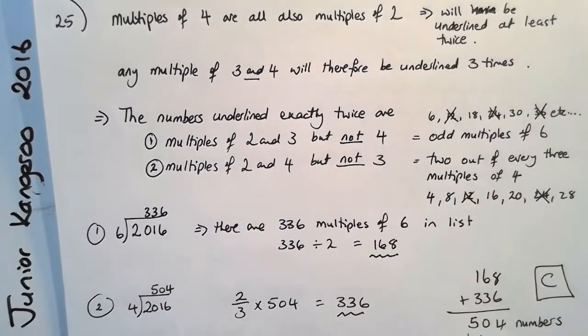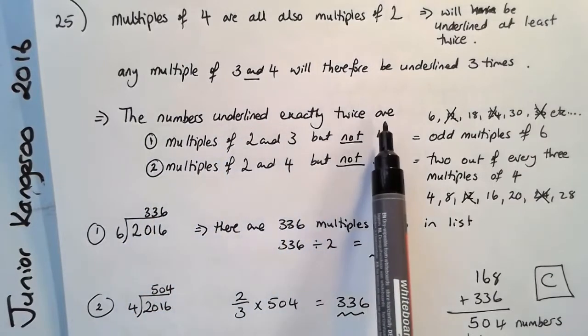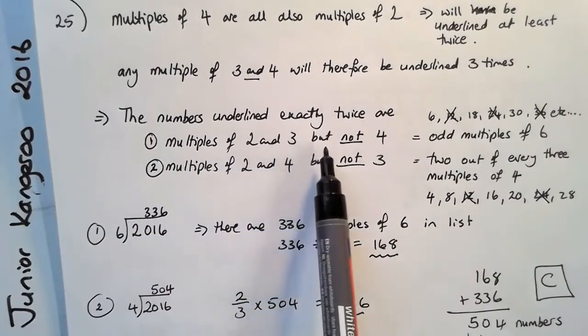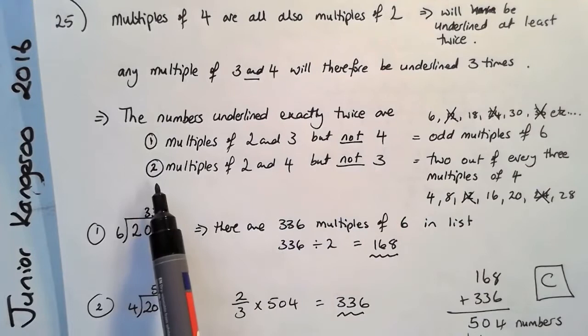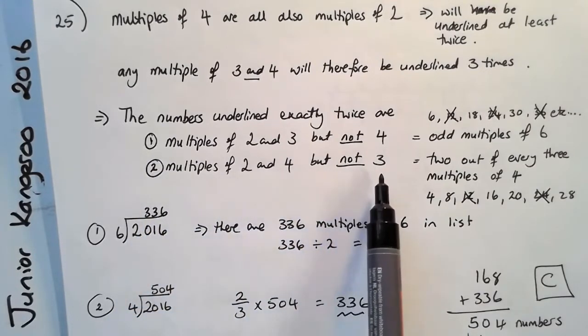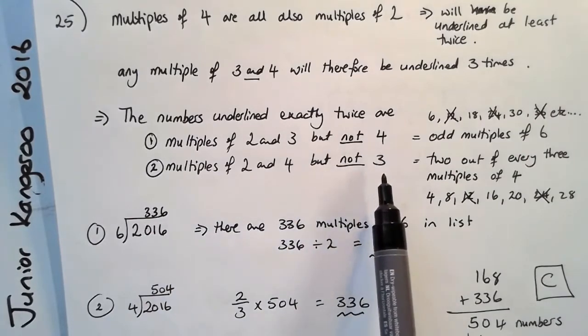So I'm going through my logic here. The numbers underlined exactly twice are the multiples of 2 and 3, but not multiples of 4, and the multiples of 2 and 4, but not multiples of 3, because if they were, they'd be underlined 3 times.